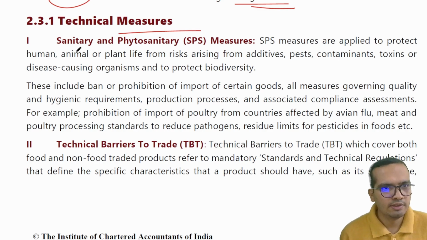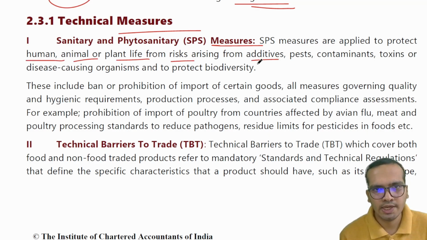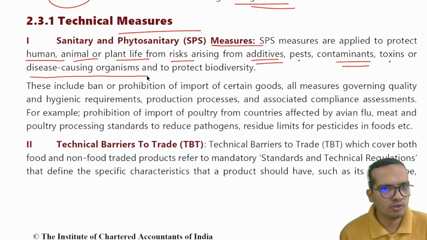Technical measures, sanitary and phytosanitary measures (SPS measures), are applied to protect human, animal, or plant life from risk arising from additives, pests, contaminants, toxins, or disease-causing organisms, and to protect biodiversity.